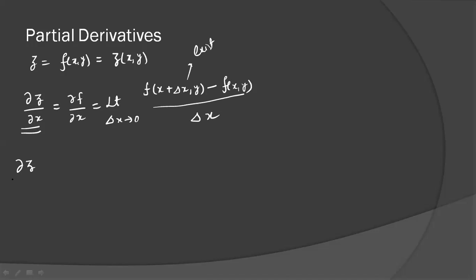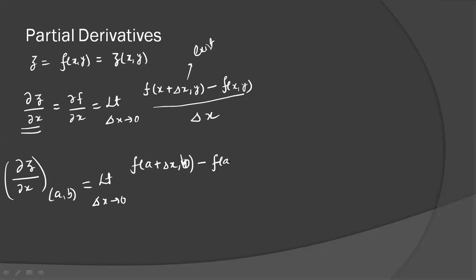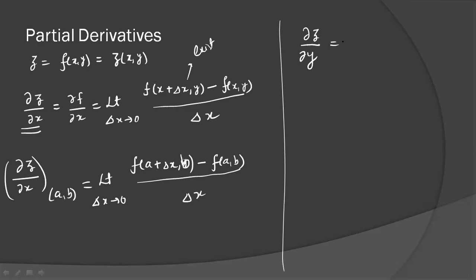At any point, suppose at the point (a, b) we are going to find the partial derivative, this becomes limit delta x tending to 0, f of (a plus delta x, b) minus f(a, b) over delta x. Similarly, for the y derivative, del z over del y is limit delta y tending to 0, f of (x, y plus delta y) minus f(x, y) over delta y.